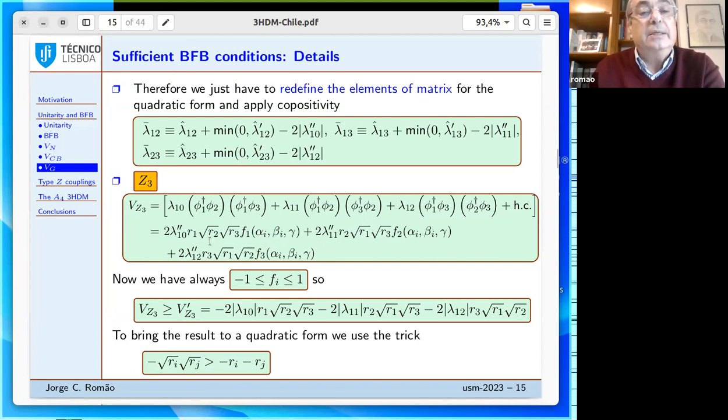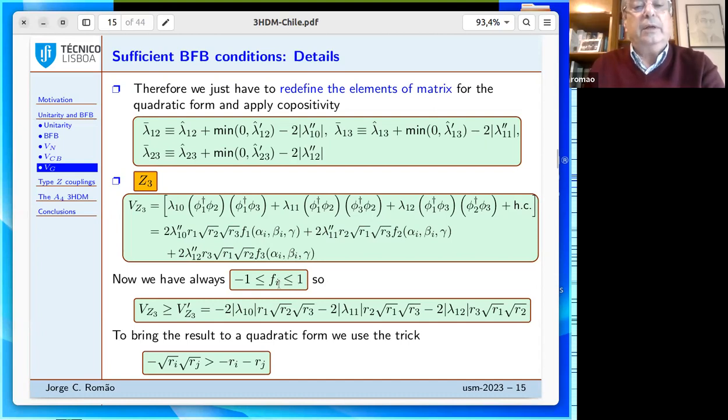And the second is that instead of having a product of Ri, Rj, you have square roots there. And of course, it's not in the form of a quadratic form, so you have to take care of both problems. For the first problem, we are lucky because you can show that this F1, F2, and F3 are bounded. In fact, the absolute value is smaller than 1.